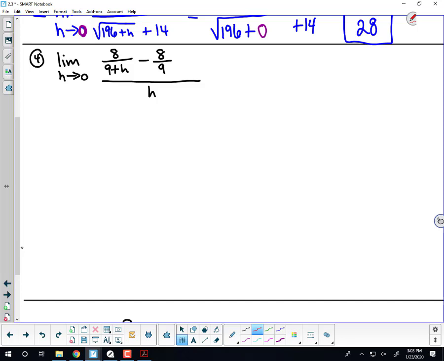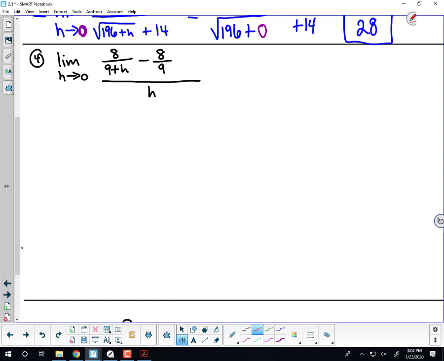I guess there's a couple of ways. One is definitely more efficient than others. But any suggestions on this right here? The bottom is approaching 0, so we've got to try to get rid of this factor of h in the bottom if we have any hopes to compute that limit. One thing we can definitely do is try to add what's on the numerator, but you would still have a fraction within a fraction.